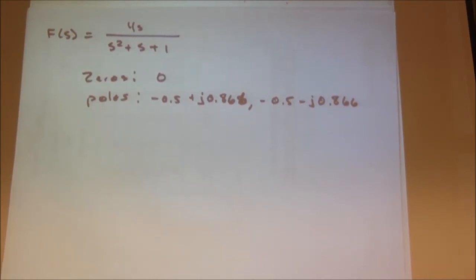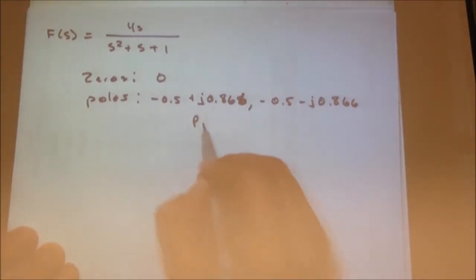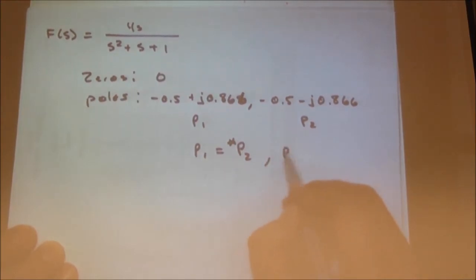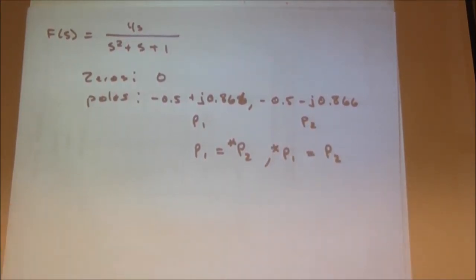We brought this up once before. What can you say about that pair of poles? Conjugates. They are conjugates. So if we call this P1, we call this P2, P1 is the complex conjugate of P2, or vice versa. Doesn't matter which way you say it. So they are complex conjugates.